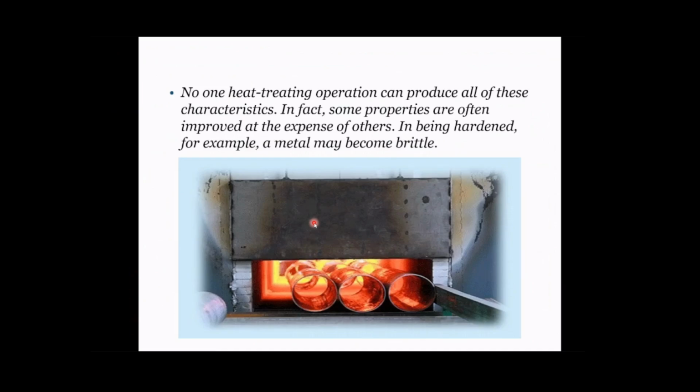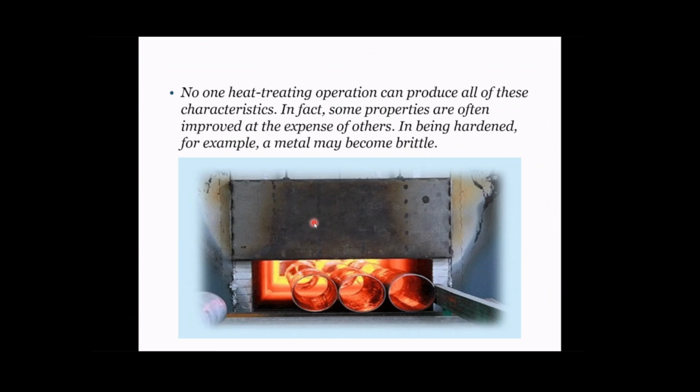So, this is a furnace. In this furnace, the metals which are going to undergo heat treatment will be placed inside, and they will be flame hardened or electrically hardened.